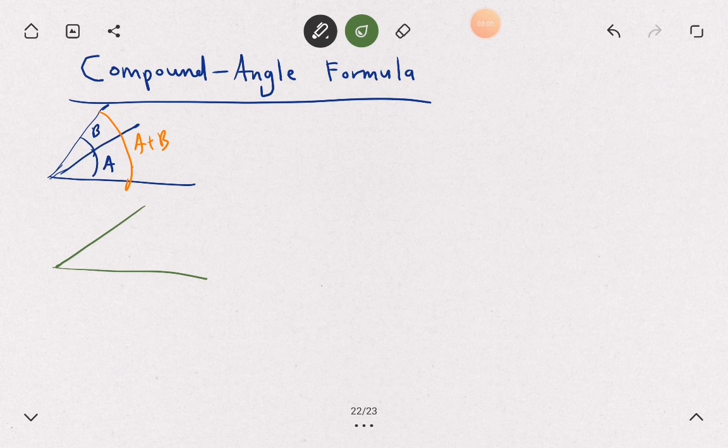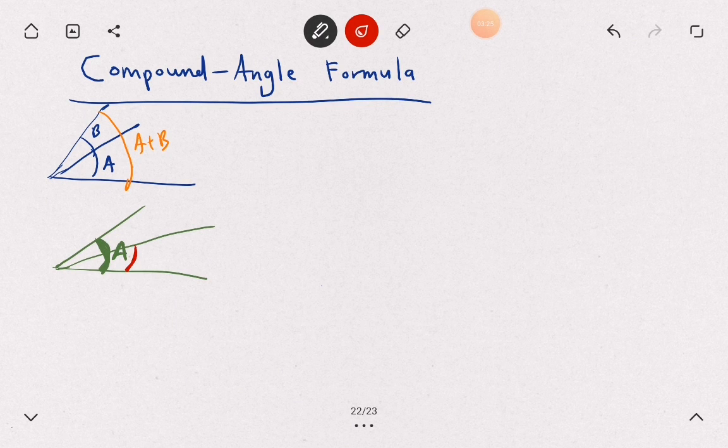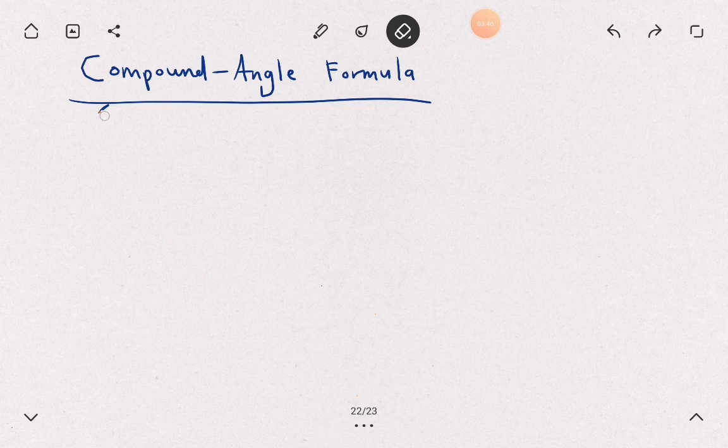So maybe the whole thing here is A, and the small thing here is B. Okay, so then the orange angle here is A minus B. So you can find for A plus B and A minus B, addition or subtraction, and it's the same formula that you use. You just need to change the sign from positive to negative.